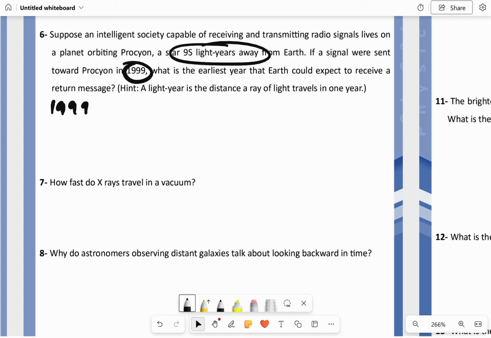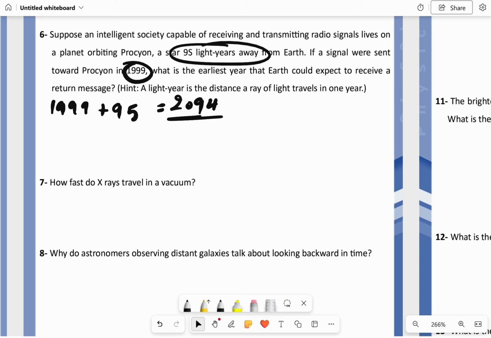1999 plus 95 is the time it takes for the light to reach Procyon. This is going to be 2094. This is the year that the intelligent society is going to receive the signal.